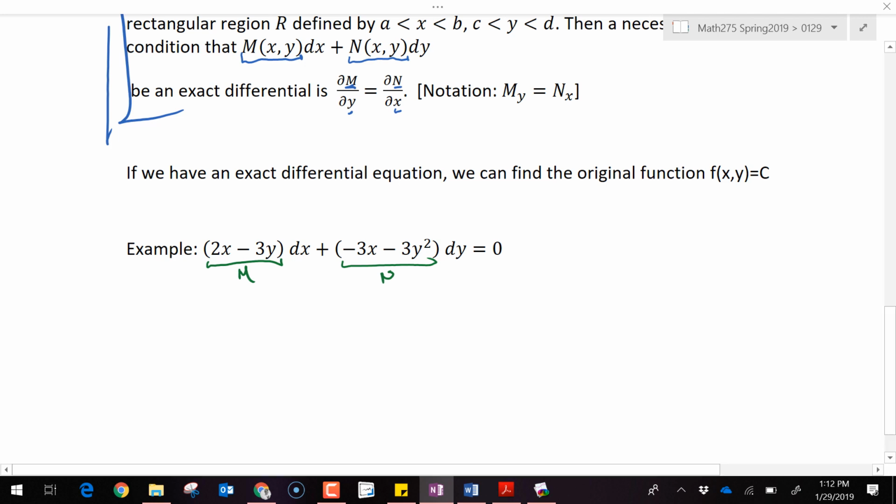And then we want to figure out what the derivative of m with respect to y is equal to. So if you take the derivative of m with respect to y, what do you get? With respect to y? -3.